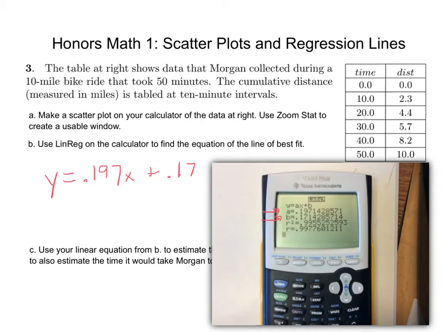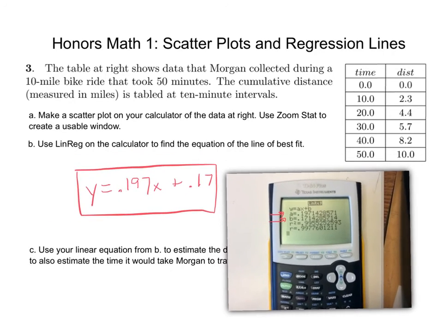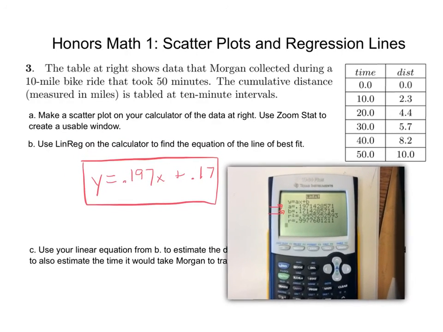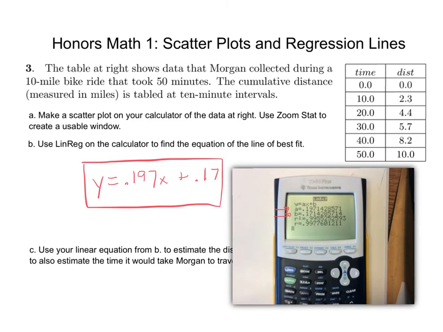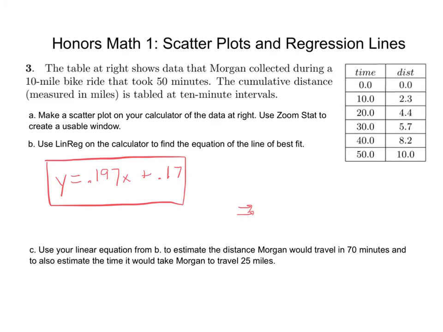So now we also want to take this linear fit, and we want to use that to estimate the distance. We're looking at C here, actually. We want to use your linear equation from B to estimate the distance Morgan would travel in 70 minutes. So we would take our equation here, but instead of x, that's our minutes, and our y is our distance.